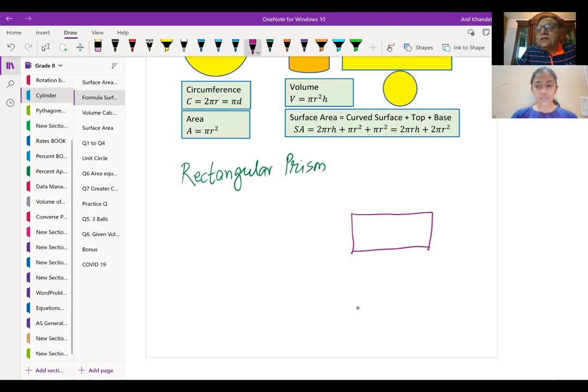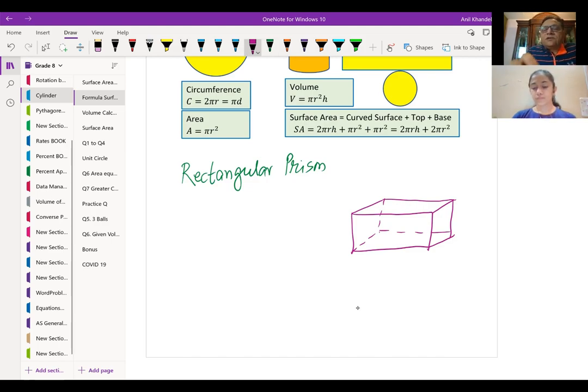And then in 3D, we always draw lines like the corner of a room. Do you see that? And then you join these points, correct? The dotted line gives you the depth. So that becomes our rectangular prism.